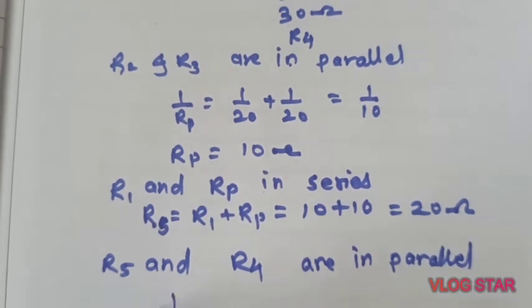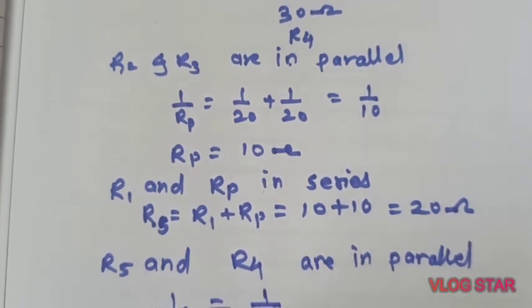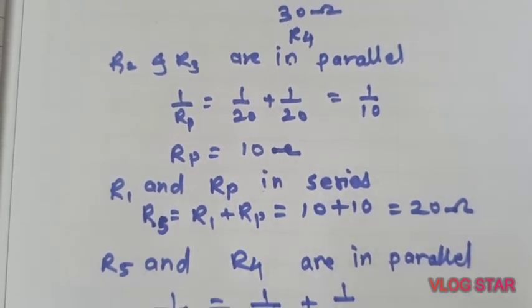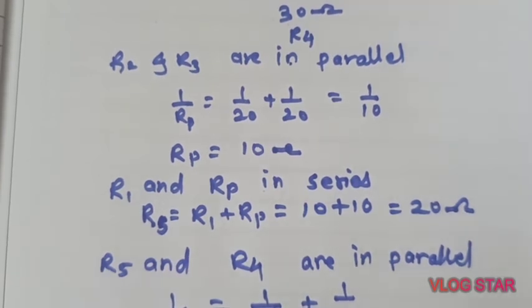So we'll calculate 1 by R total resistance, that is 1 by R5 plus 1 by R4, that is 1 by 20 plus 1 by 30.